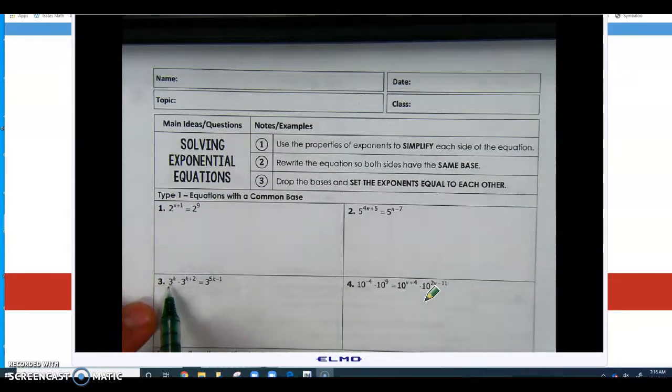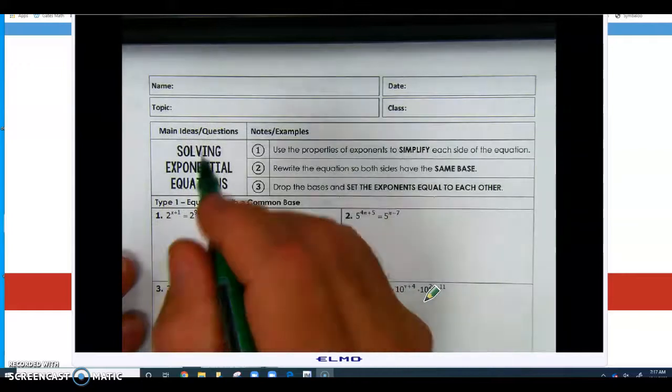Simplify means I've got to get this expression with one base. I can't have 2 bases on the same side. So I condense this using my exponent rules, and then I drop the bases once I have the same base. All right, so let's just jump into it.